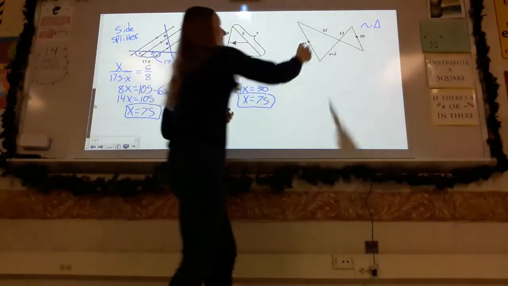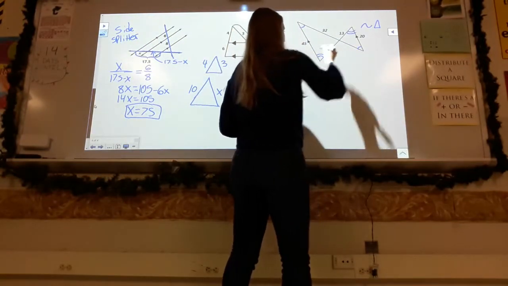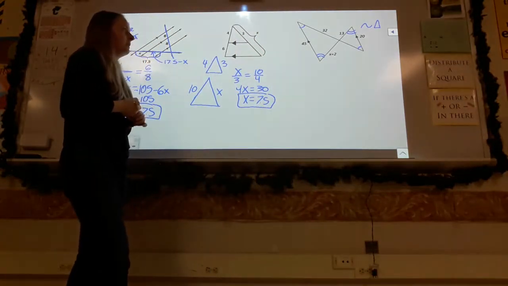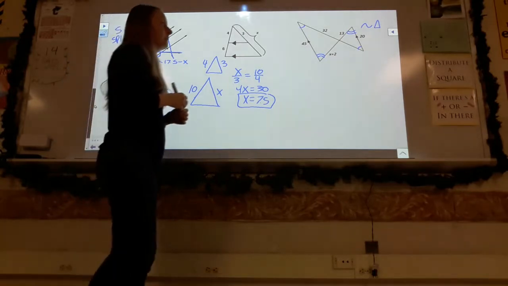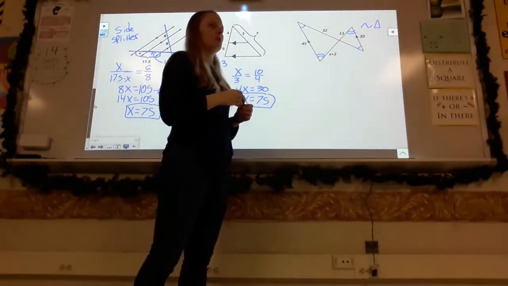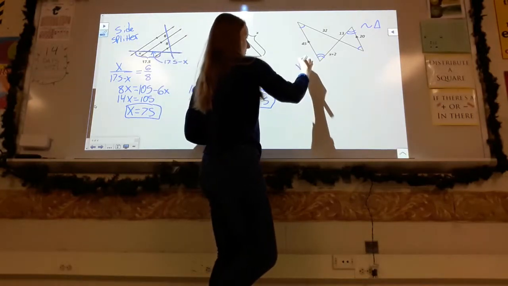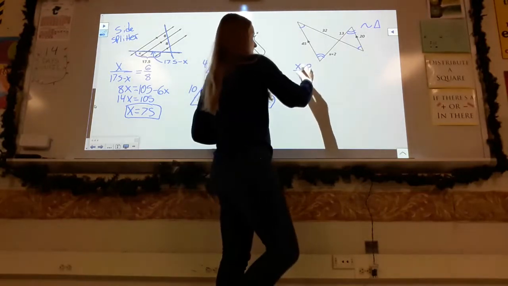Again, they gave you parallel lines so you can write the little markings in to help you know what corresponds to what, and to show that they actually are similar by angle. How would I write the proportion? How do I usually start the proportion? With the variable. And so that's the x plus 2 over 13.